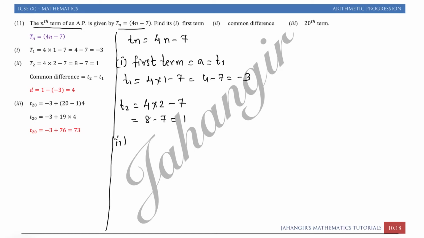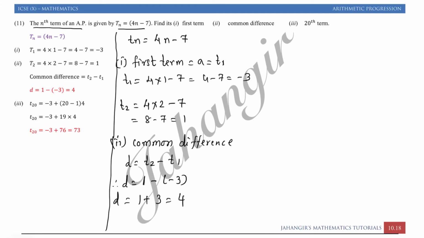Second part we can write common difference. That is D is equal to T2 second term minus first term. So therefore D is equal to second term is 1 minus of minus 3. So that is 1 plus 3, which is equal to 4.